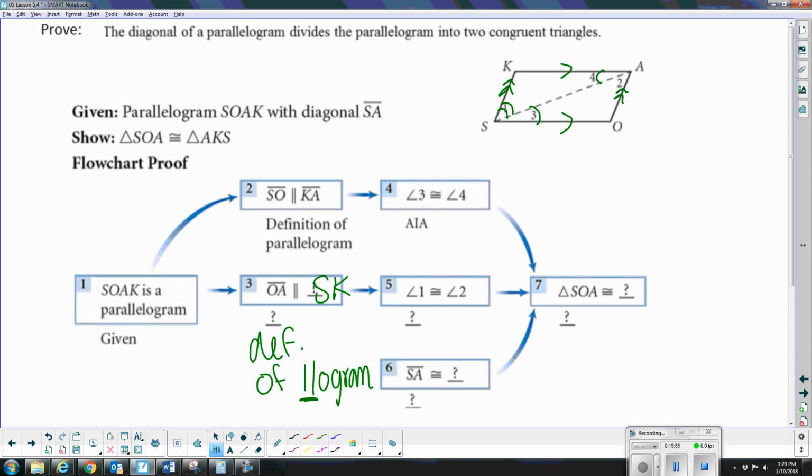Similarly, we know that angle 1 is going to be congruent to angle 2 because of alternate interior angles. And then SA, so we're trying to prove the two triangles are congruent. So we know that SA is congruent to SA because it's the same segment.